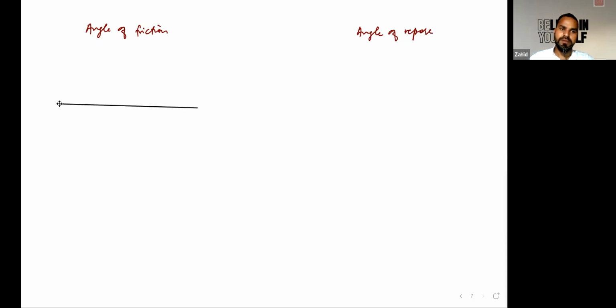Now there are two more relations related to this particular static friction. One is called angle of friction and the other is called angle of repose. Let's say there is a surface on which there is a block at this point.